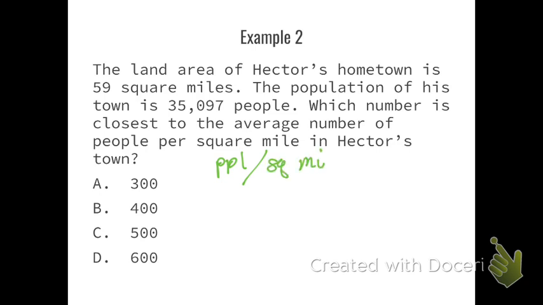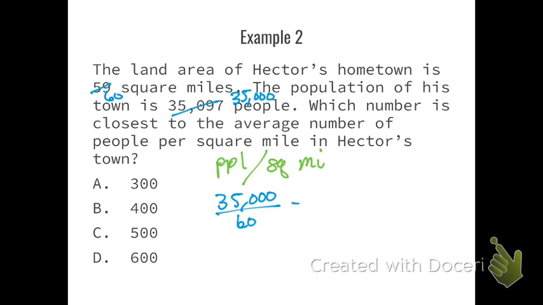So we're going to estimate the number of people, estimate the square mileage, and divide those. The number of people, 35,097, is about 35,000. 59 square miles is pretty close to 60 square miles.